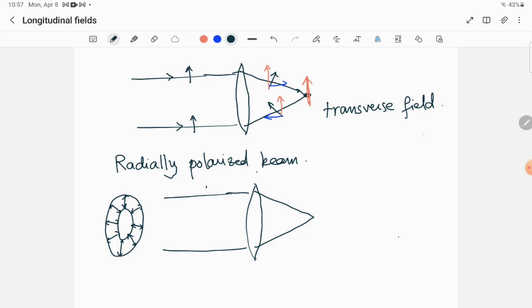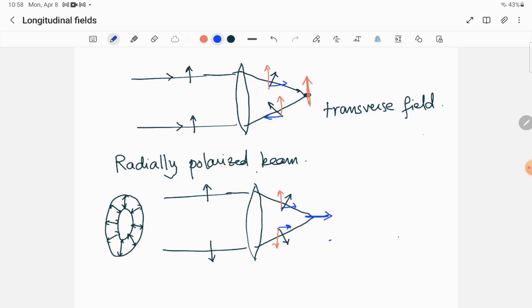Then if you see the electric field now, it will be in this opposite direction, and so if you draw the same figures and then again break it into the vertical and the horizontal components, what you find is that at the focus the horizontal component survives while the vertical components cancel each other.